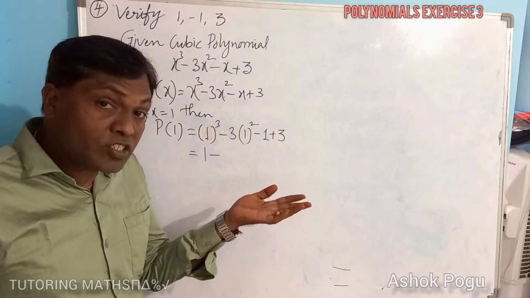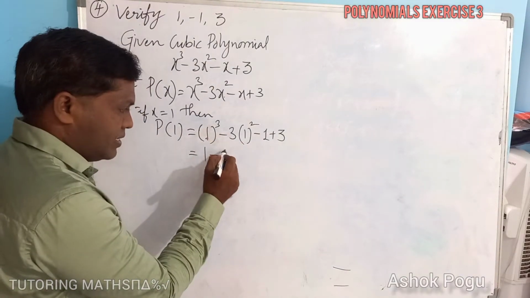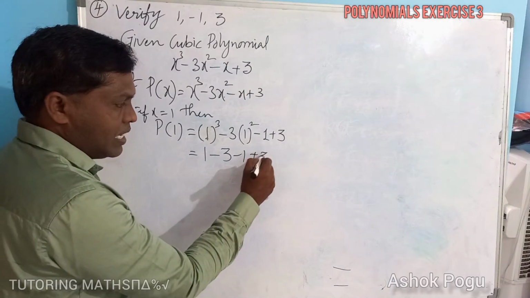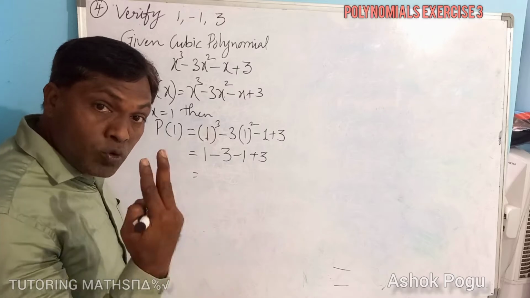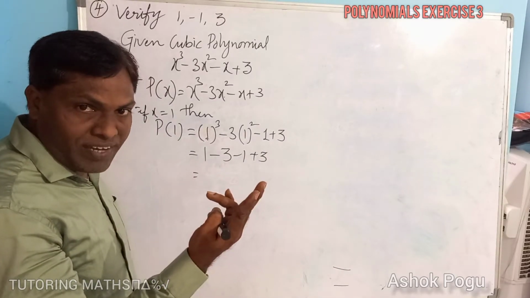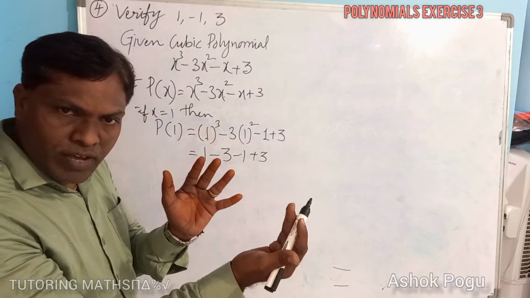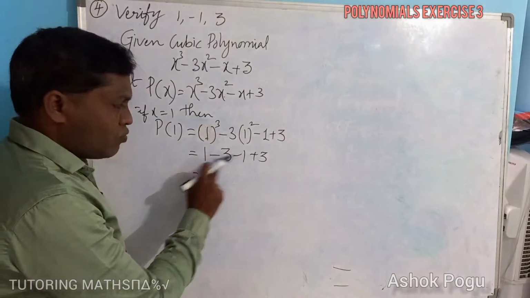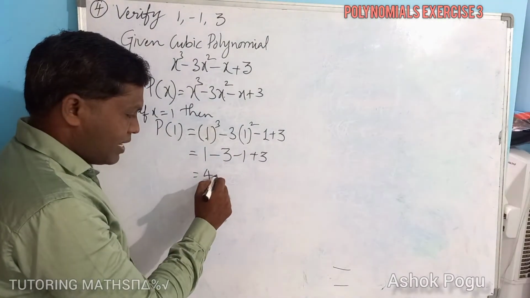1 square, what is 1 square? 1 square is 1. Then that 1 into 3 is 3, minus 1 plus 3. Here there are 4 values in total, 2 negative values and 2 positive values. Add negative values on one side and positive values on the other. Taking positive values first, plus 1 plus 3 is 4, and minus 3 minus 1 is minus 4.